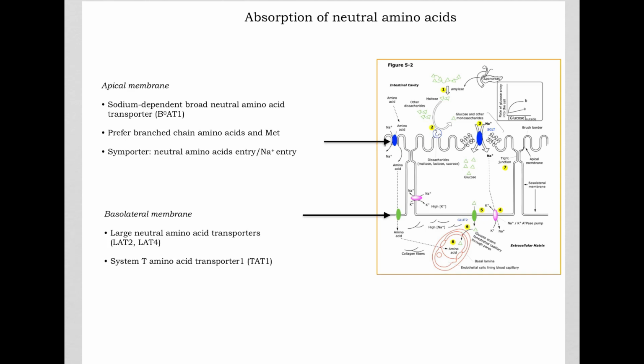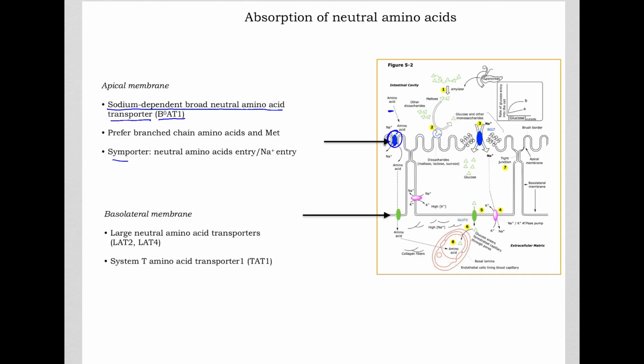So for the neutral amino acids, on the apical side, that is facing the cavity, we have these proteins called sodium-dependent broad neutral amino acid transporters, B0AT1.